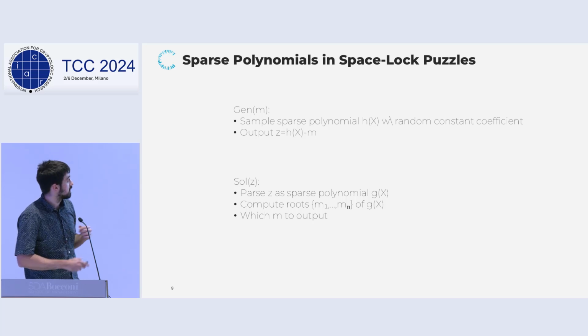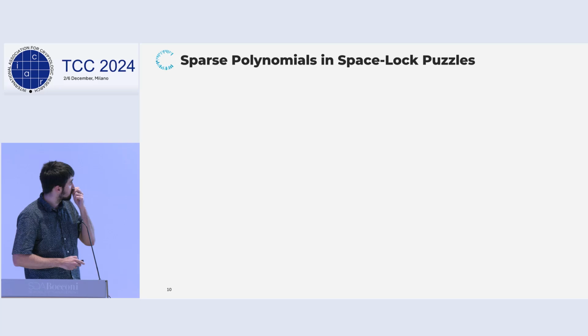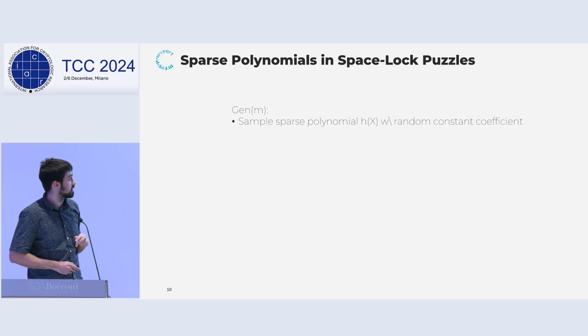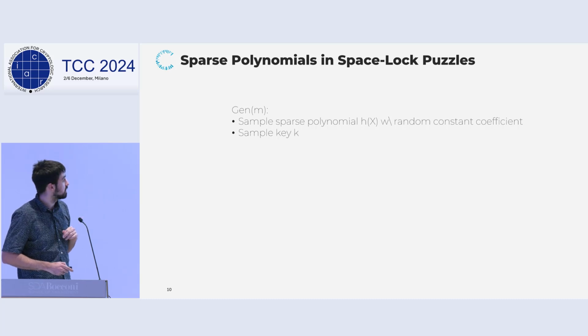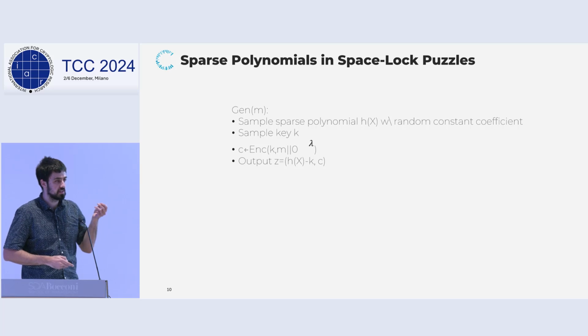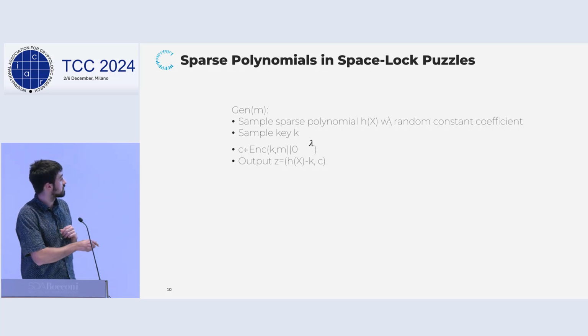So we need to add a mechanism to determine this. I will modify this construction slightly. Again, I sample a sparse polynomial with a random constant coefficient, sample a key k, and now the idea really is that we encrypt our message with respect to this key, and we have this padding so that we can check the validity of the key k. So now I do the same thing. I subtract the key k from this polynomial, and I also output the ciphertext.